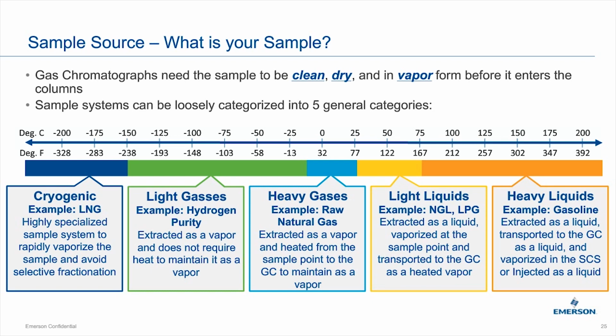We broke it out into 5 categories: cryogenic, like LNGs, light gases, heavy gases, light liquids, and heavy liquids. For this presentation, we are not going to talk about LNG. It's a special case, and we could literally spend hours talking about LNG and its sample handling system. So we're just going to focus on the other remaining 4: light gases, heavy gases, light liquids, and heavy liquids.